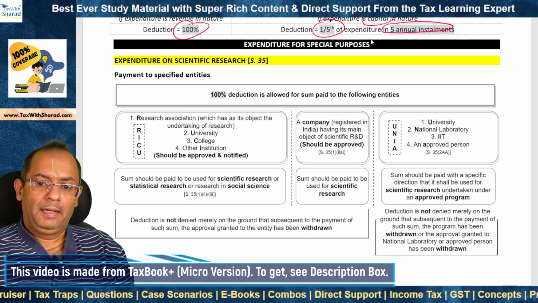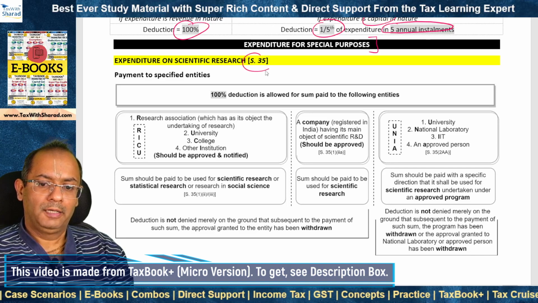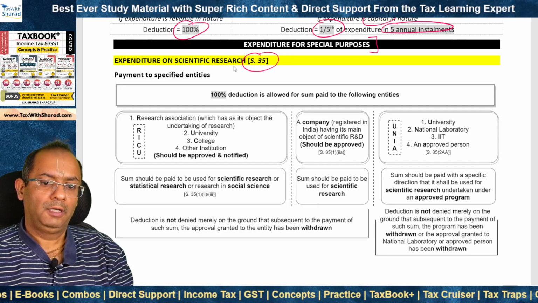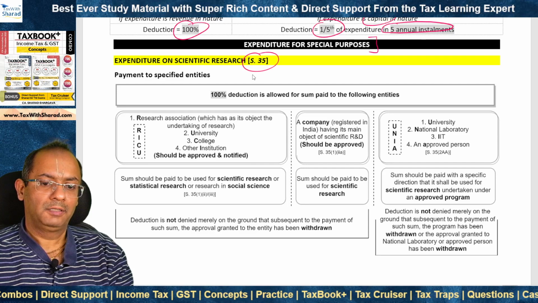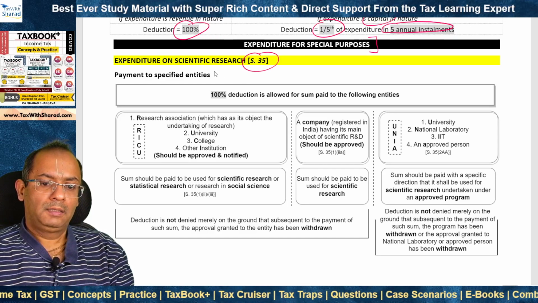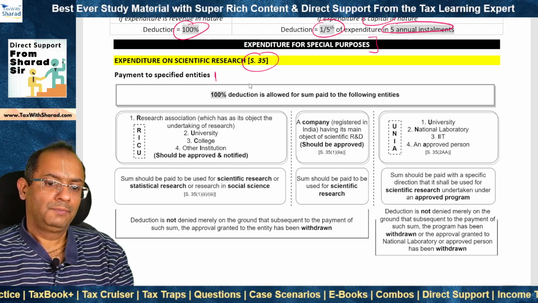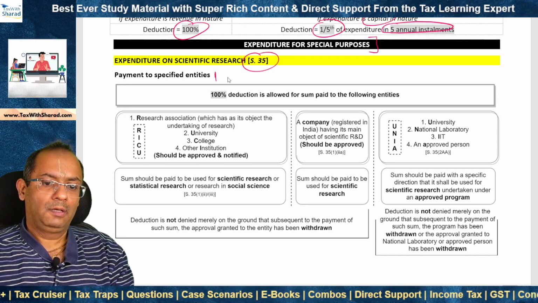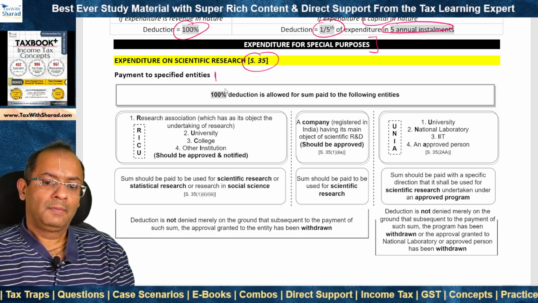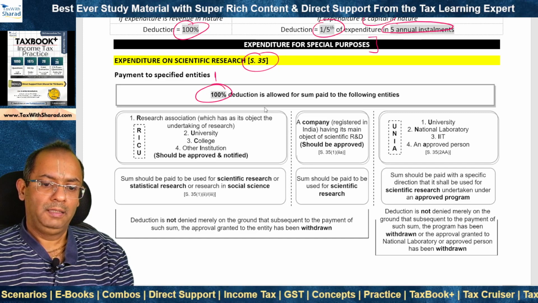We will now look at expenditure for special purposes, and we will take a look at section 35, which provides for deduction on account of expenditure on scientific research. And these are on 2 counts: payments to specified entities and expenditure on in-house research. First, we look at deduction on account of payment to specified entities. 100% deduction is allowed for sum paid to the following entities.